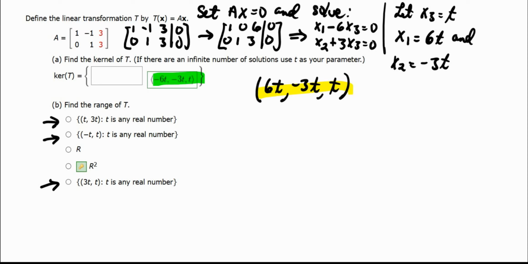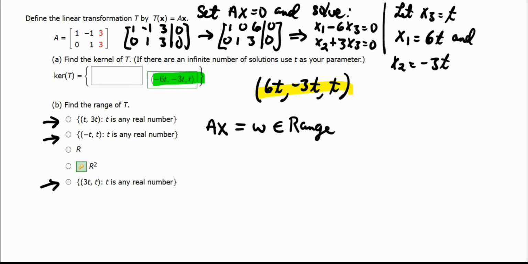Now why are they only concerned about x and y? Here this is the range. The range values, where do they map to? Let me show you what's happening so you can see it. This A times some vector x is equal to some vector w that's in the range.